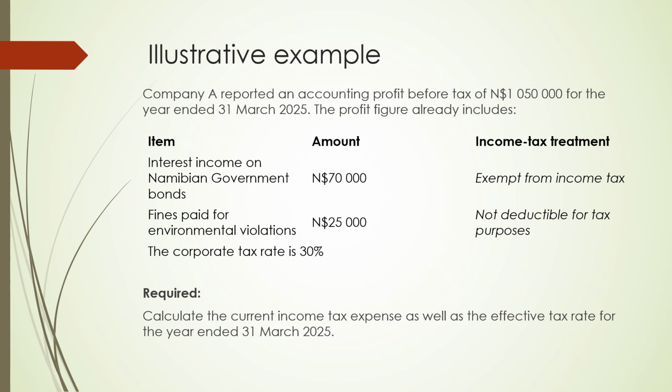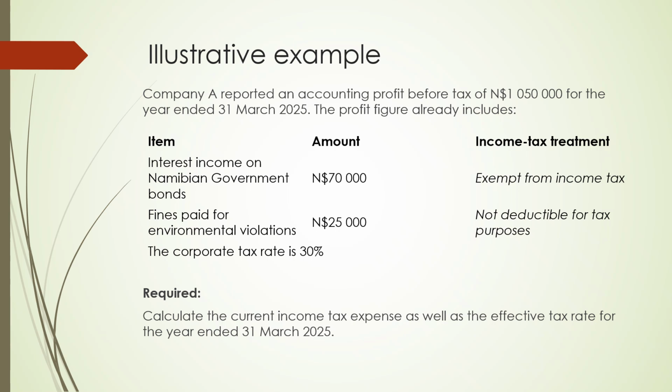Company A reported an accounting profit before tax of 1,050,000 for the year ended 31 March 2025. The profit figure already includes interest income on Namibian government bonds of 70,000.